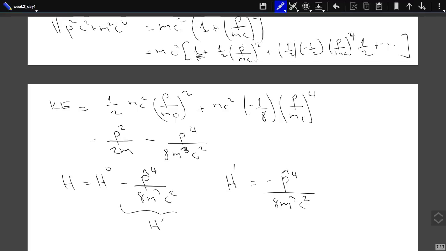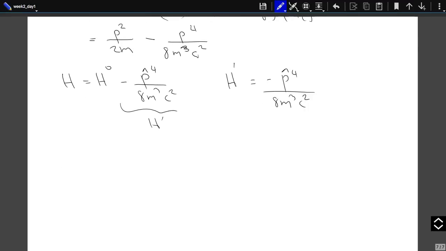This is the first non-relativistic correction. Now, let's see. We will be using perturbation theory.